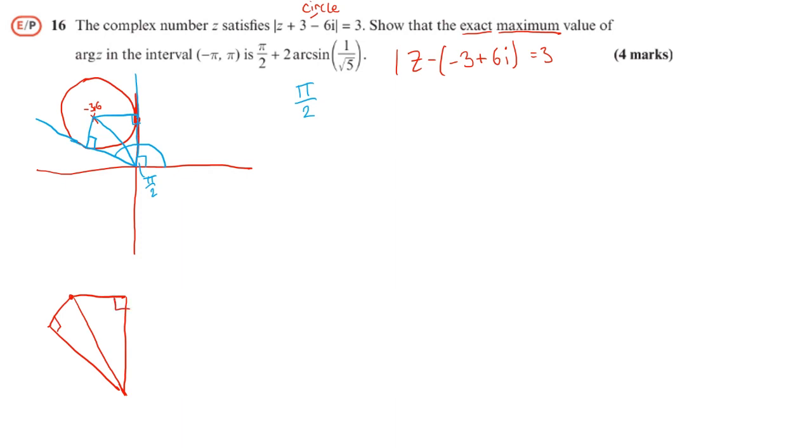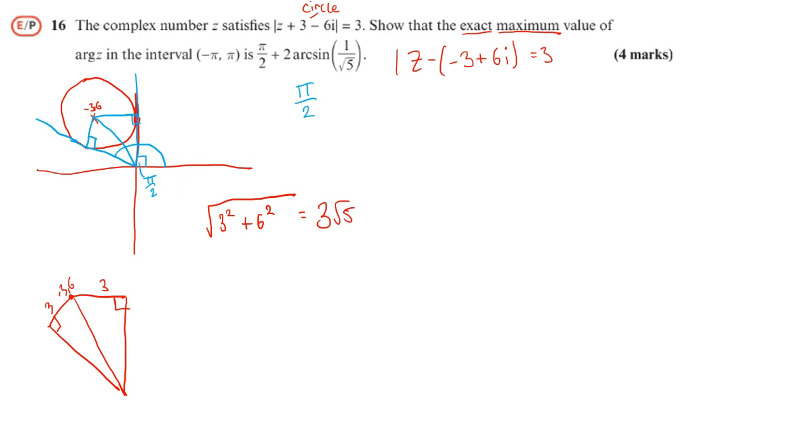This is our minus 3, 6, and we know that these are both 3 because they're both the radius. If we want to find these angles, we have two right-angled triangles, so we need to find the modulus, and then we can do trigonometry. The modulus is the square root of 3 squared plus 6 squared, the minus just goes because we square it, and that gives us 3 root 5.